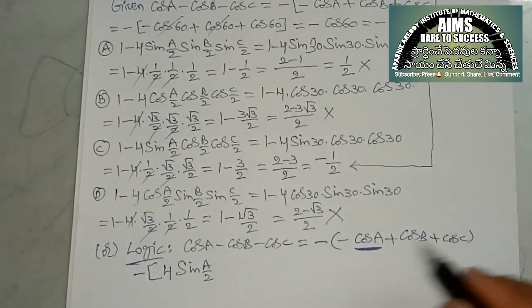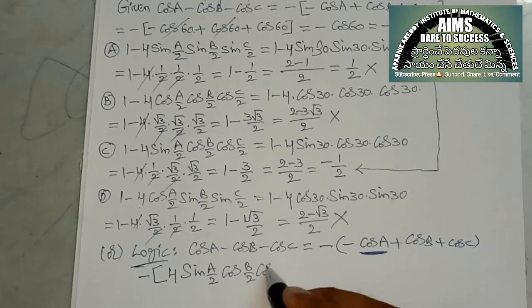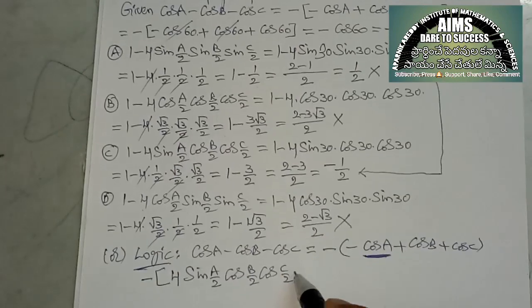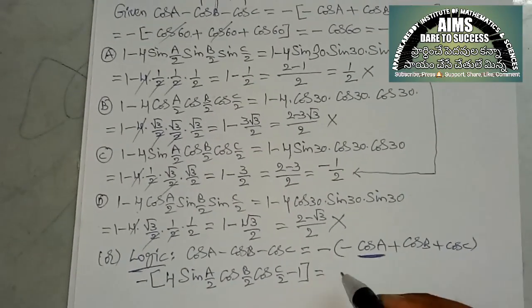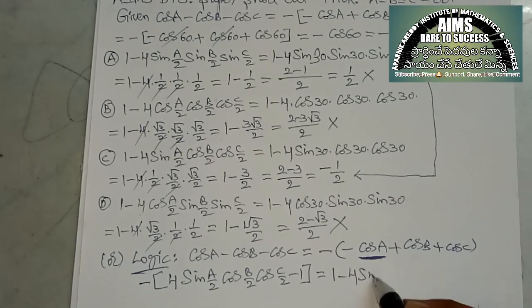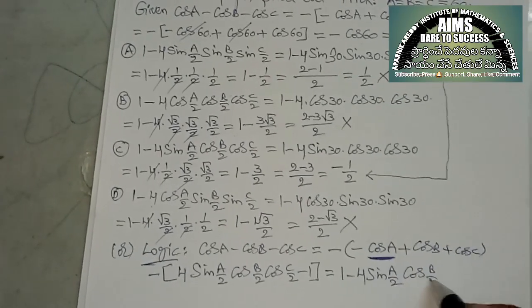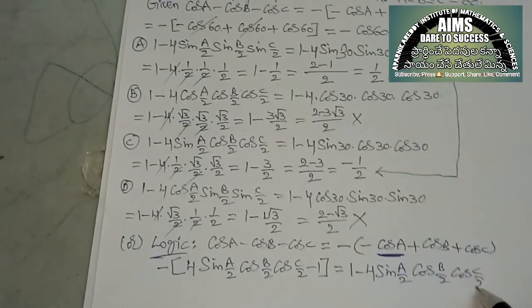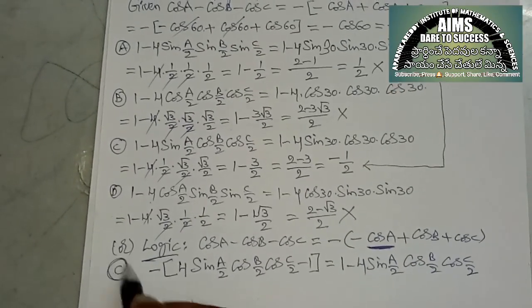After that, the two positive values as they are, you can write cos B by 2 cos C by 2. After that minus 1. So minus multiplied inside, you will get minus of minus plus 1 minus 4 sin A by 2 cos B by 2 cos C by 2. This is related to option C.